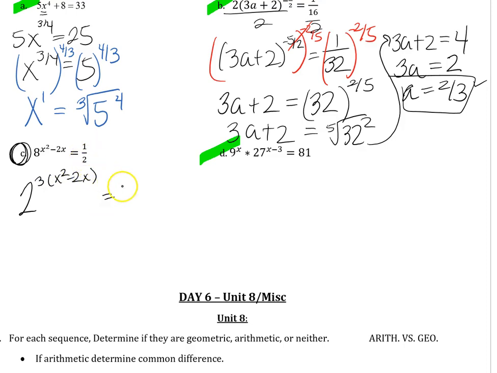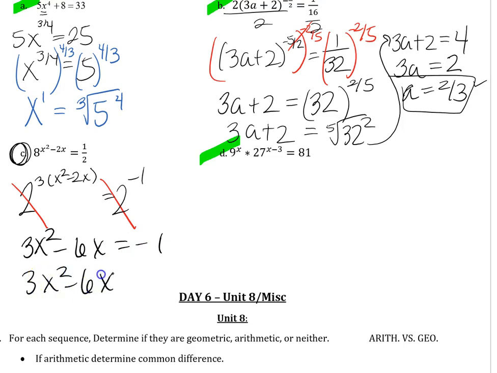I'm going to rewrite 1/2 as 2 to the negative 1. Now, in doing so, I get the bases the same, so I can solve the exponent. So 3x squared minus 6x equals negative 1. And you go ahead and solve this like you normally would, and solve for x.